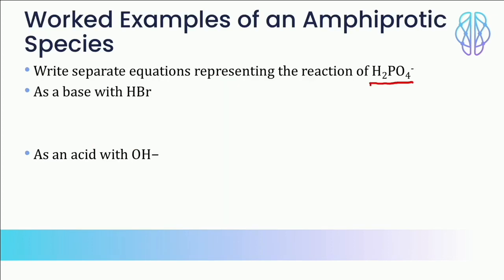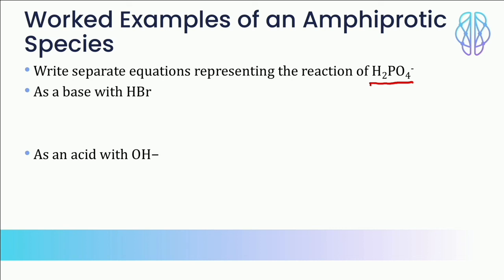So hopefully now you have a pretty strong understanding of what an amphiprotic species is. It's important for you to understand how to identify an amphiprotic species when you see it. Usually, especially typically in the context of your exams, there'll be the anion of a acid dissolving in water. So you have H2PO4 minus, which is the anion of phosphoric acid when it dissolves in water.